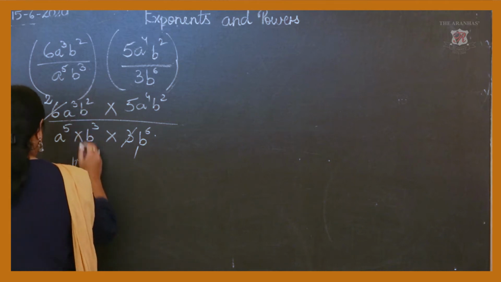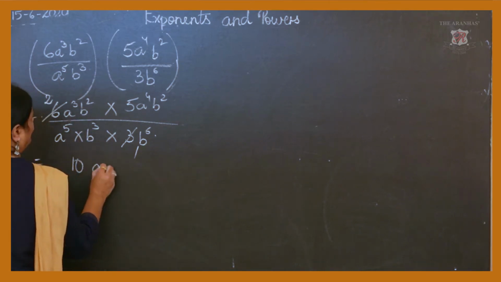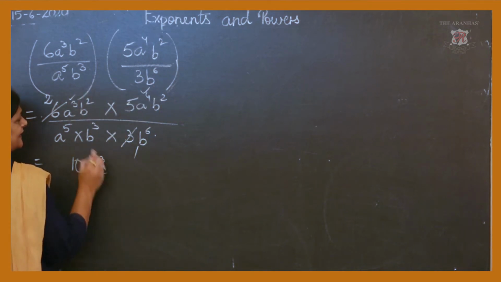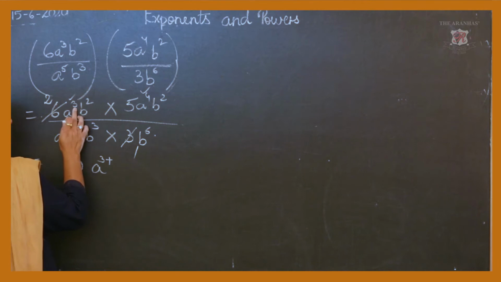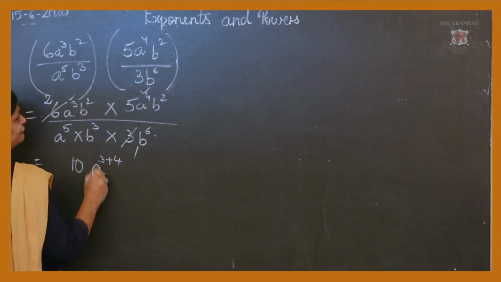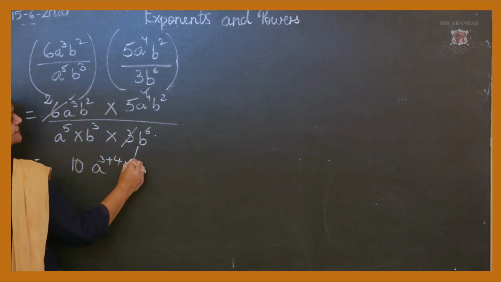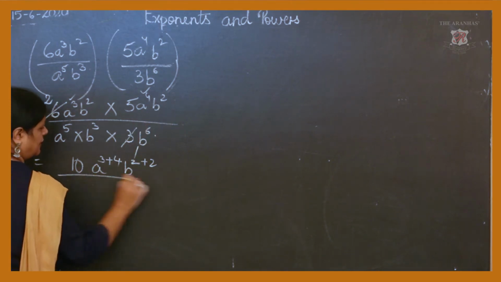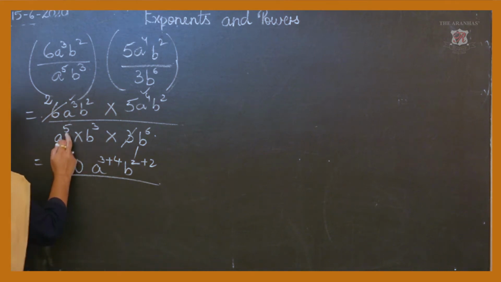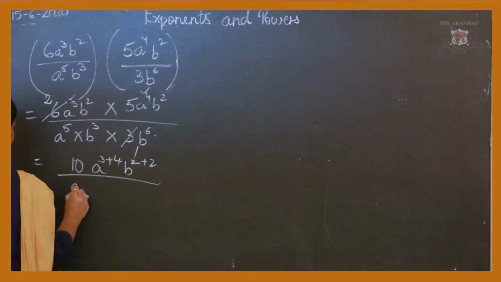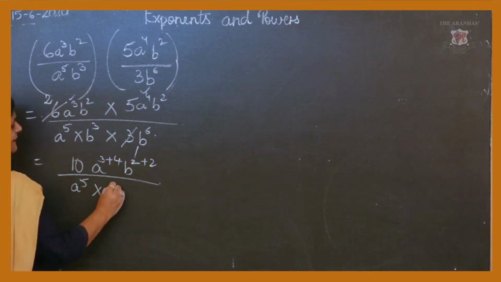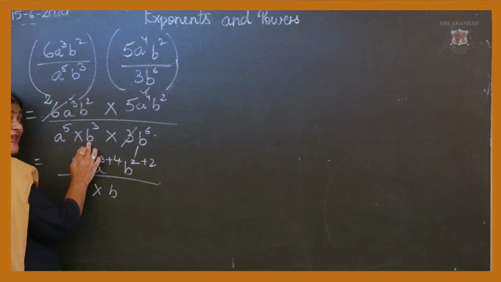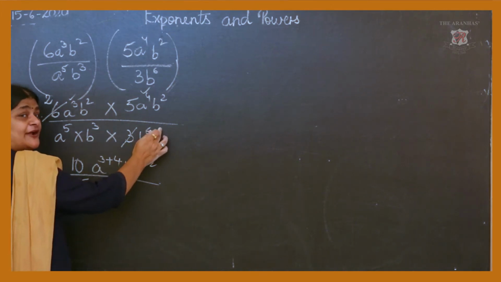Okay, now here you have a to the power of 3 plus a to the power of 4, b square plus 2, upon a to the power of 5 into b, you have the base same, but here you have b cubed into b to the power of 6.